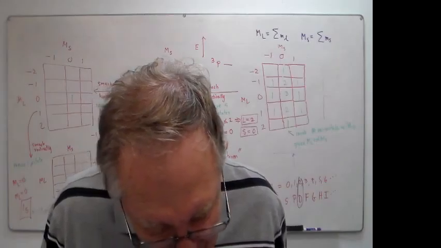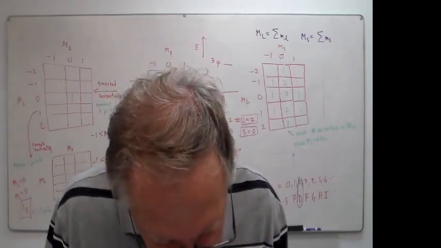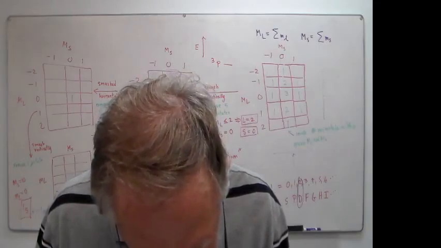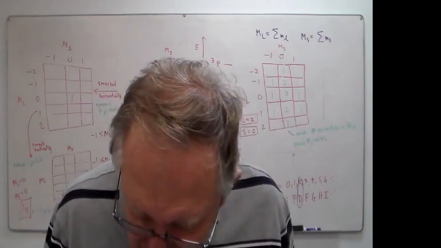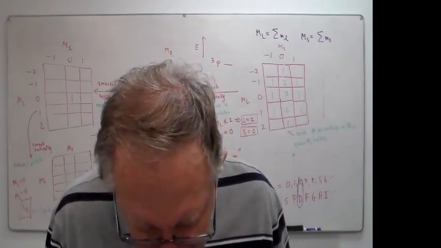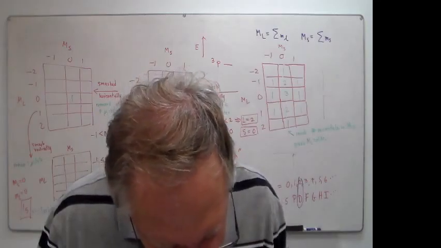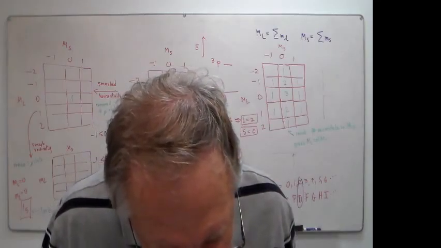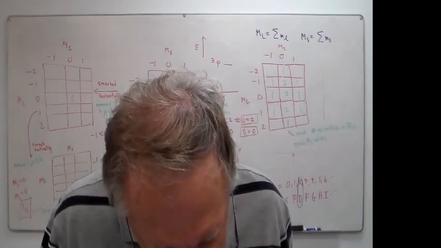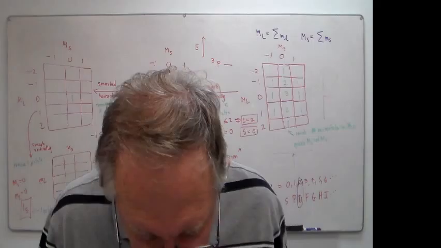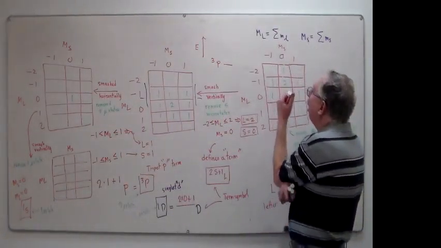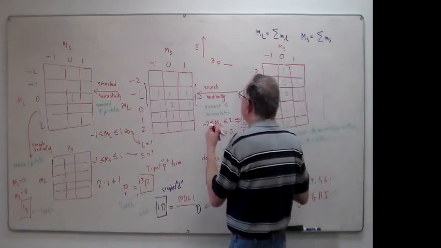They don't really do a lot here. Okay. So the triplet P is lowest.